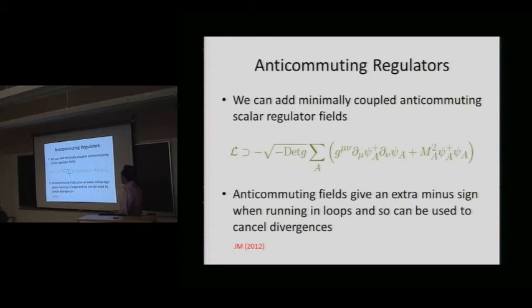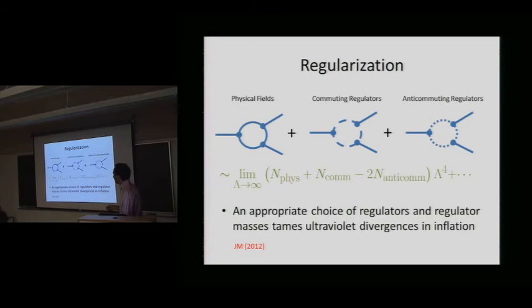If we additionally add these anti-commuting scalar regulators, then for a particular graph, the loop contributes the number of physical fields running in the loop, plus the number of commuting scalar regulators that run in the loop, minus 2 times the number of anti-commuting regulators that run in the loop. And if we appropriately choose the number of regulators and also the masses, and I'm not really talking about the masses here so much, then we can regulate all the divergences.